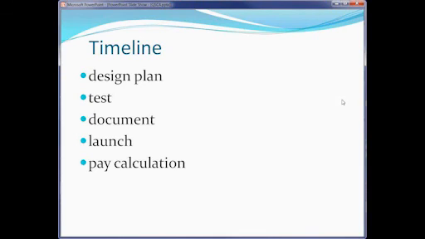Now, from the 30,000-foot level, these are the things that you're going to look to for the timeline of your plan. The first element is that you're going to spend some time in the plan design phase. You're going to start gathering information about how the plan works now, how people are being paid now, what the performance in the company is now, what that means in terms of the profitability of the company now, and start to boil that down.